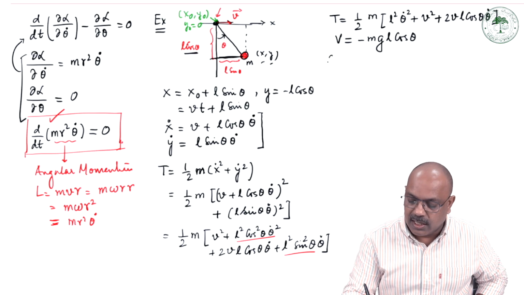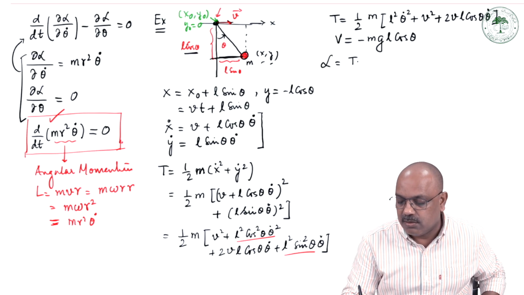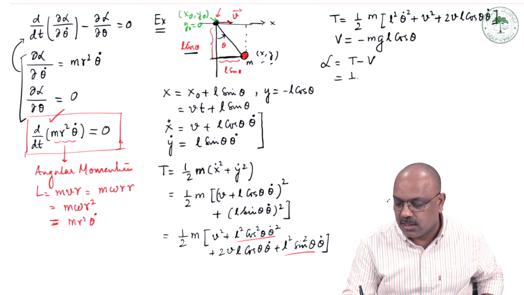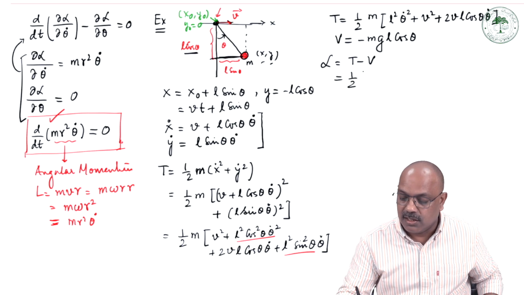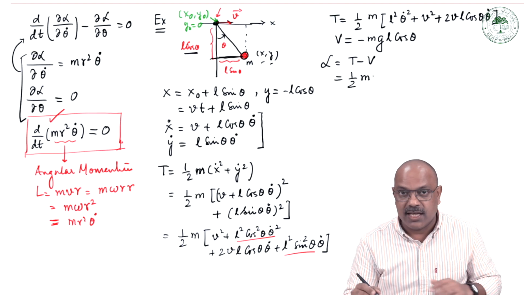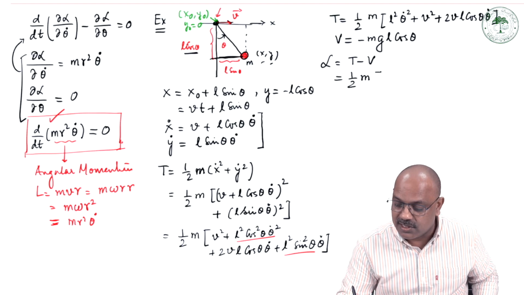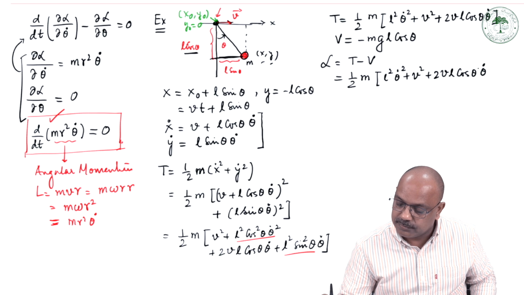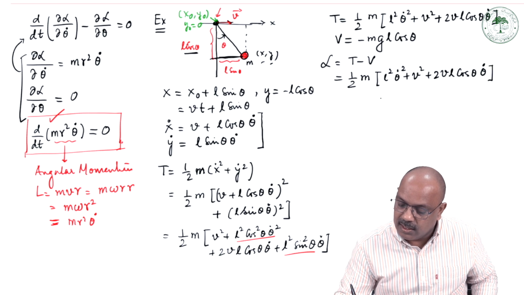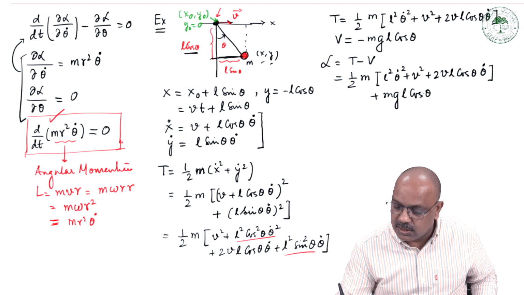Now I can write my Lagrangian as T minus V. Always write the Lagrangian, because when you are going to differentiate it, you can make a little mistake, as I did in my previous lecture. So this is half m times L square theta dot square plus v square plus 2vL cos theta theta dot, and this is going to be plus mgl cos theta.